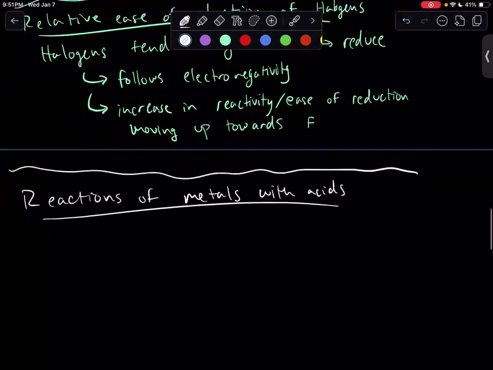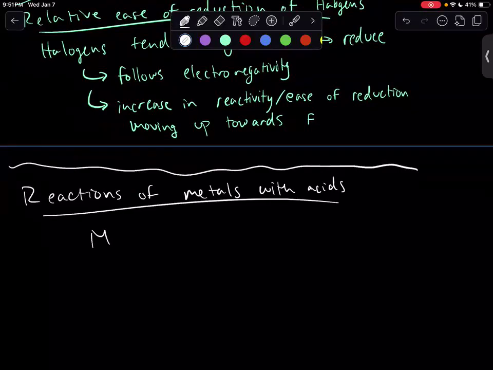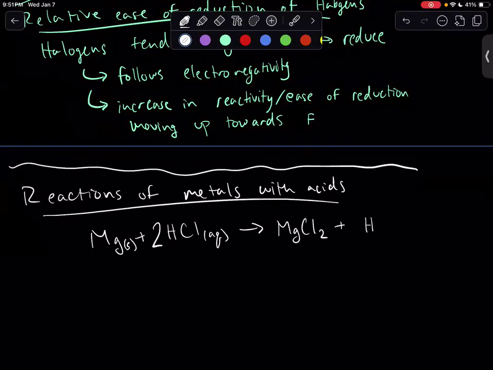Now, when we're looking at metals with acids, for example, magnesium plus some dilute hydrochloric acid, the one thing you can always form is your salt. So in this case, we have MgCl2, causing us to balance this, plus hydrogen gas, H2 gas.